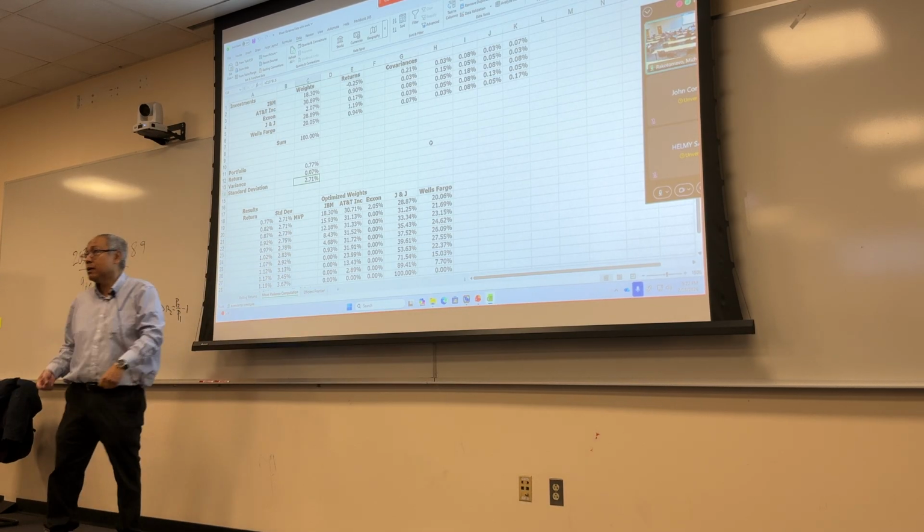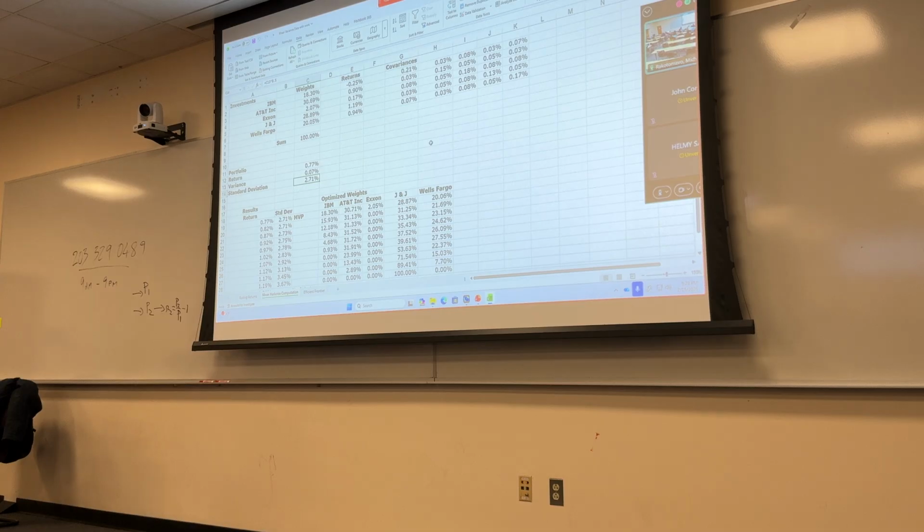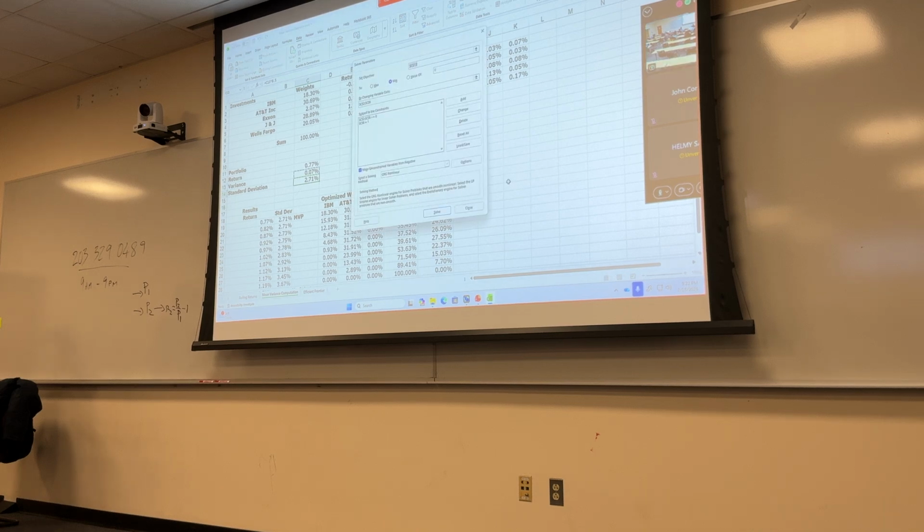Professor, can you please repeat this constraint? Yes. So, let's see. Here you go, right? So there's only two constraints here. I'm not targeting any returns. So you see the first constraint, C2 to C6, greater than or equal to 0, right? How do you do it? You just say add, right?